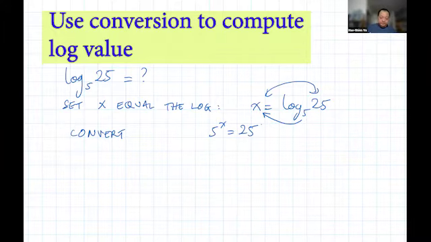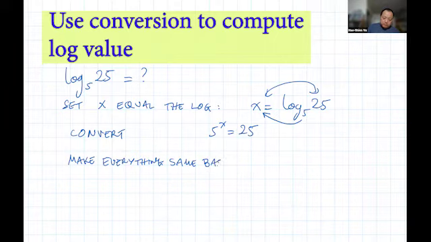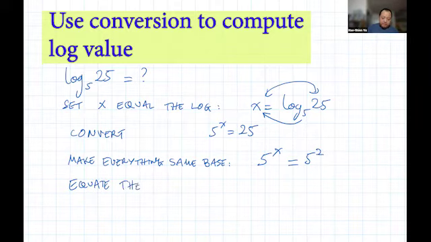Almost home. We make everything into the same base. Well, the left is already base 5. The right, we're going to make it 5 to the power of something. 5 to the power 2, because 5 squared is 25. And then we equate the powers, or the exponents.